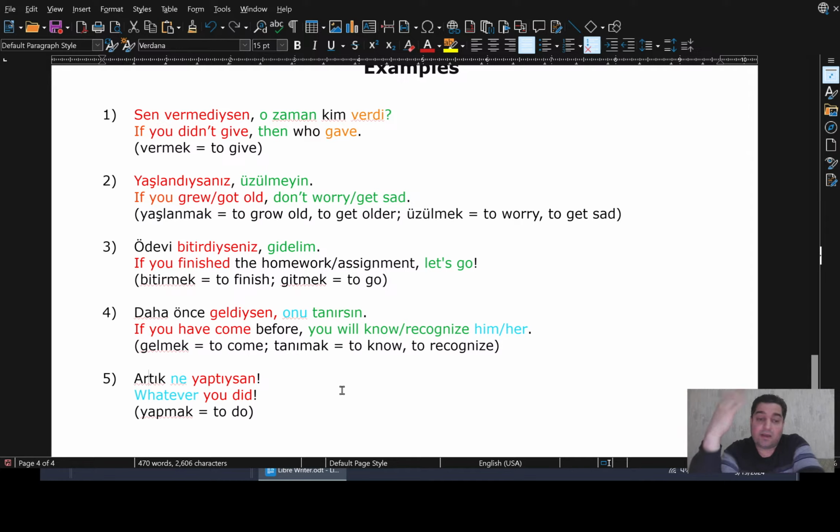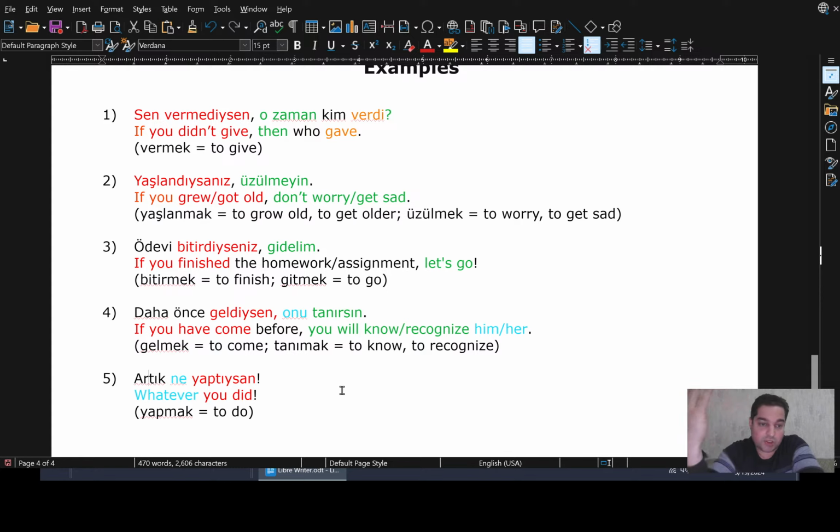So it means probably you have done something, whatever you did, that she is screaming so much. So "artık" here, I didn't translate it specifically, it's a very weird case, it's not translatable, but here this "artık" adds a meaning of, God knows what you did, whatever you did.